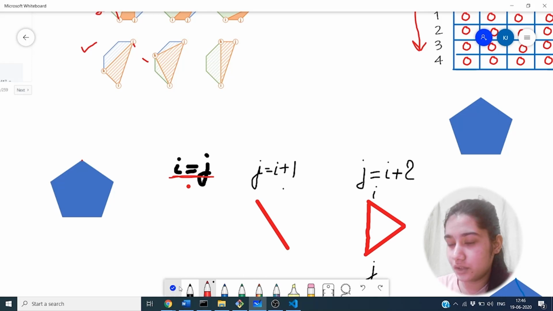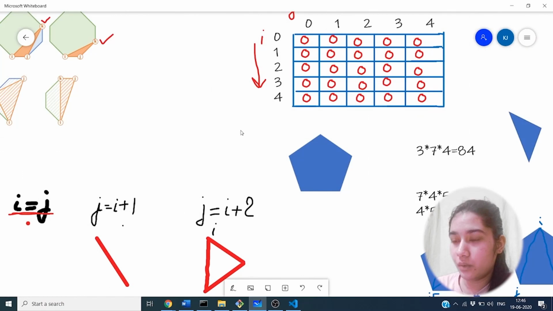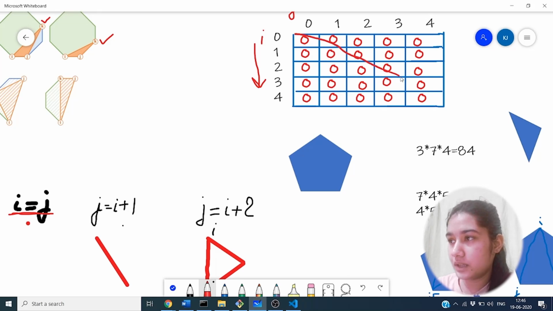In this condition, we are going to initialize the value of i equals j in the table as 0, because it is not forming a triangle, so no solutions are possible for that condition. And similarly, for j equals i plus 1, this is i and this is j in the polygon, i, j.